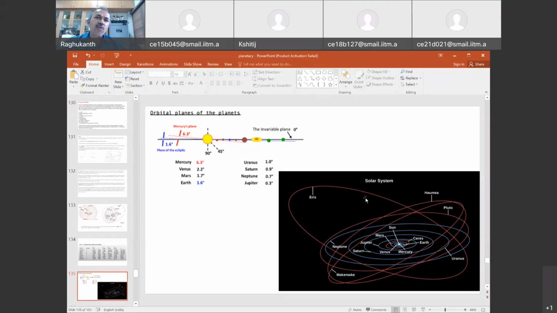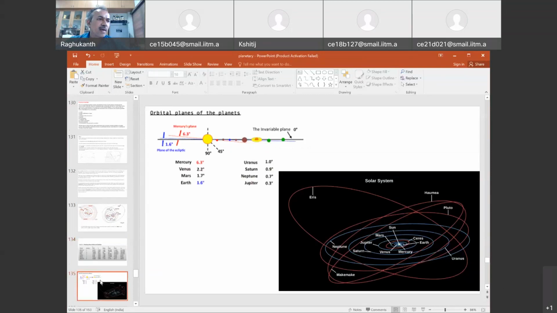But if you go to the far away dwarf planets, you can see the inclinations are extremely high, and they don't qualify as planets because they have not cleared the neighborhood. But the most important thing is that all the planets have very, very small orbital inclinations, which says that our solar system can be taken as something like a flat disk.